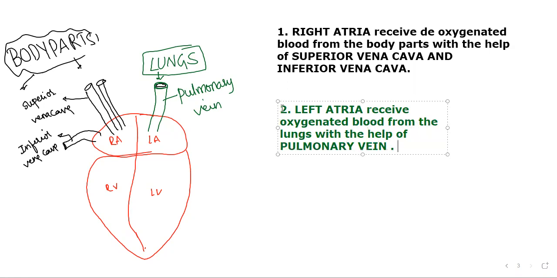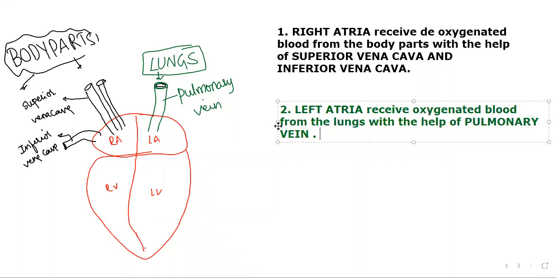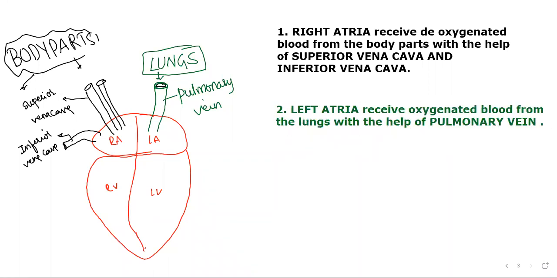You see the pulmonary vein here. So what is the left atria doing? Left atria receive or collect oxygenated blood from the lungs with the help of pulmonary vein. Left atria receive oxygenated blood from the lungs with the help of pulmonary vein. This is what we came to understand here.